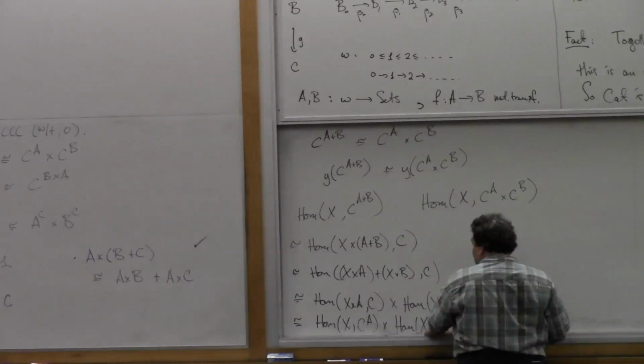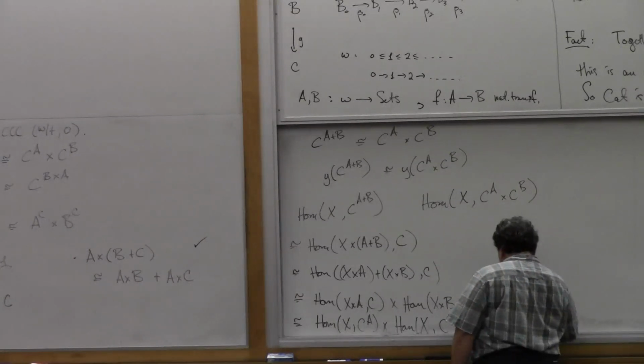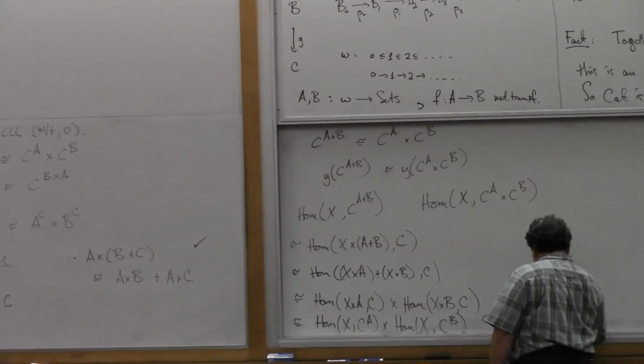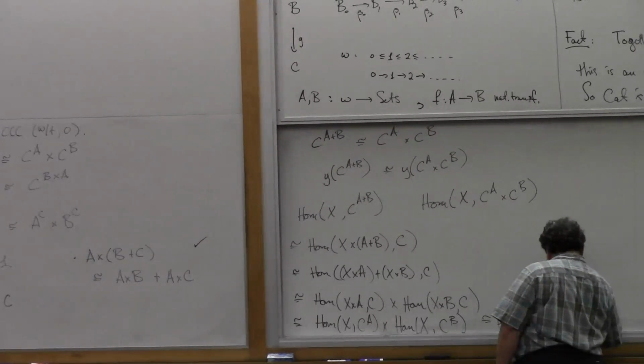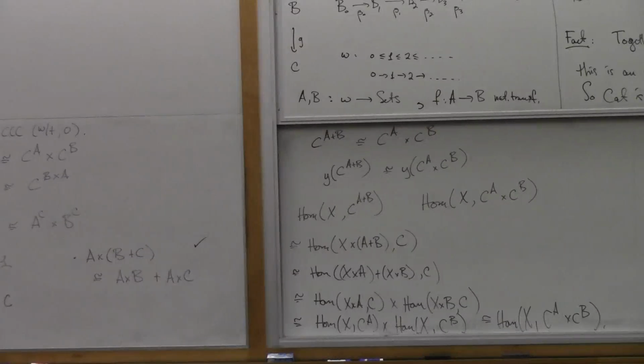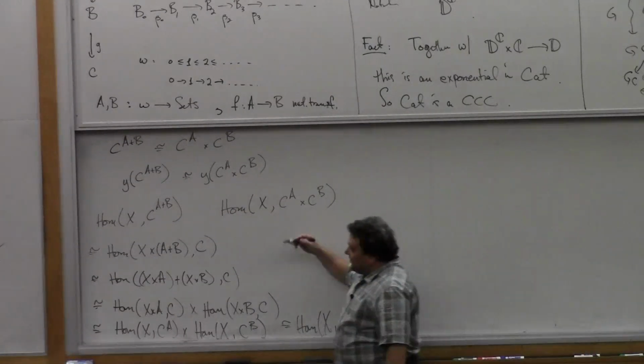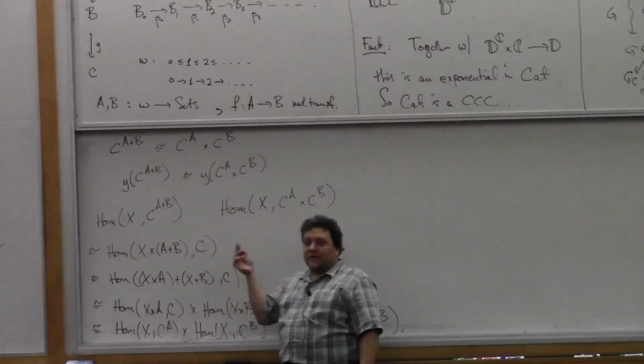And now I can use the rule for products on the right. That's it. Whew, it's still true. You get the idea? You can reduce these things now to very simple calculations. Yep?